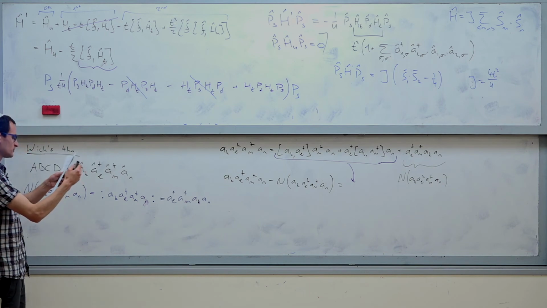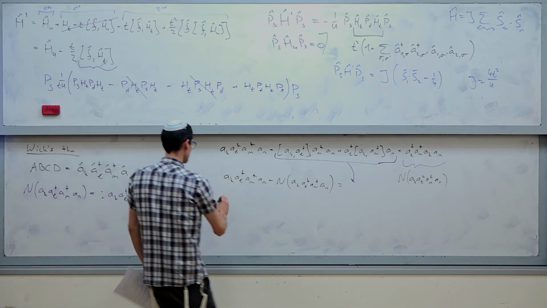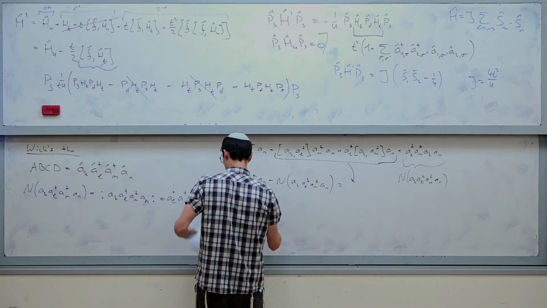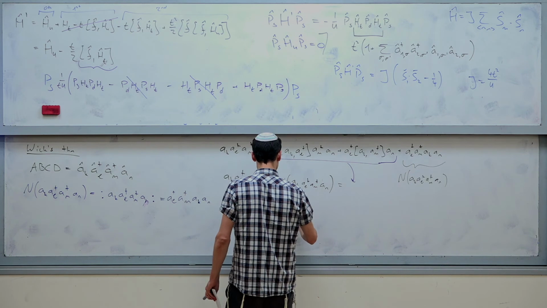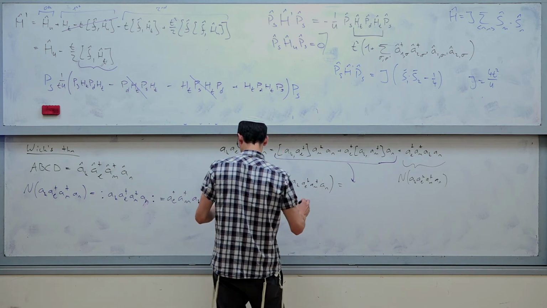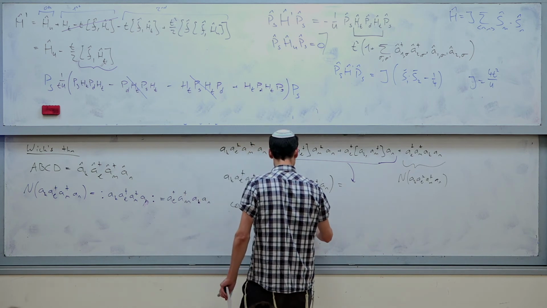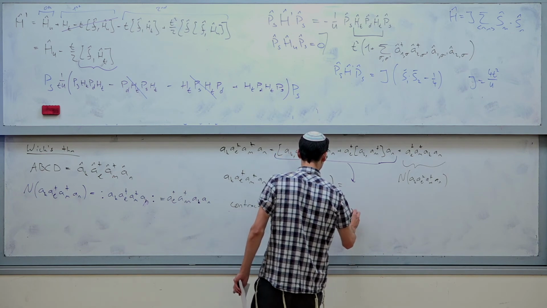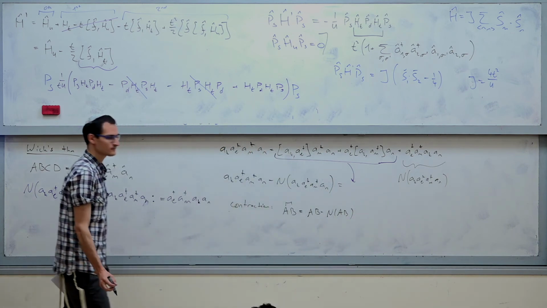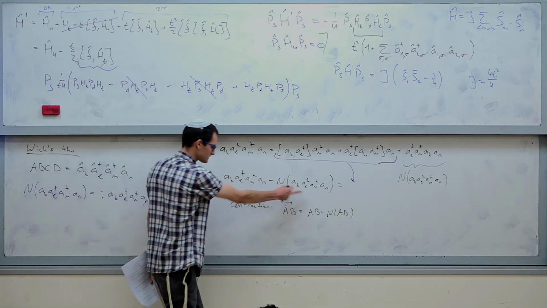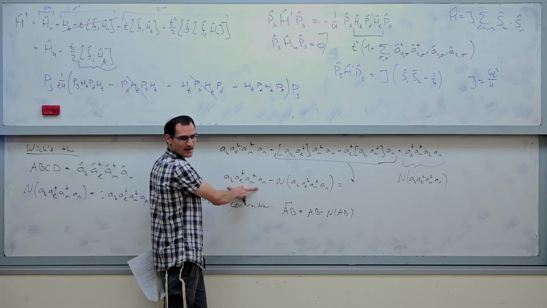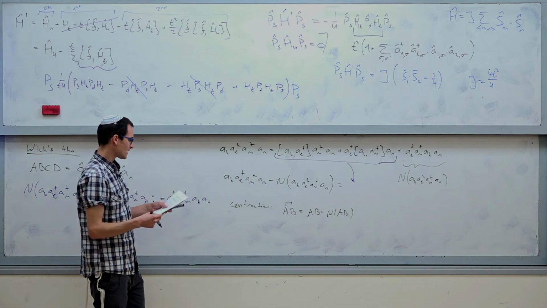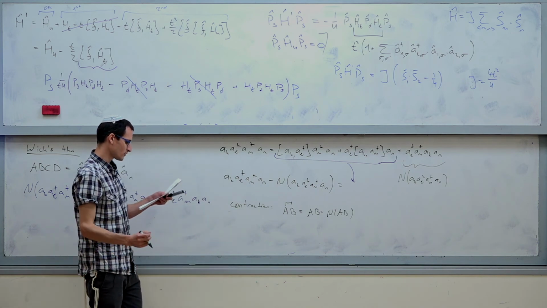Okay, let's introduce the notation of contraction. This will be helpful in a minute. The contraction between two operators is defined as exactly this, the difference between an operator and its normal order. Exactly this, the operator in any order minus the normal order of that, but this time for two operators.